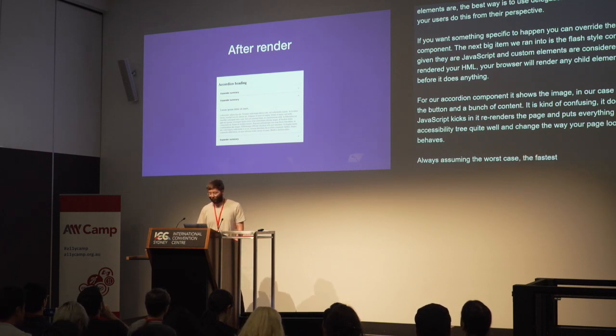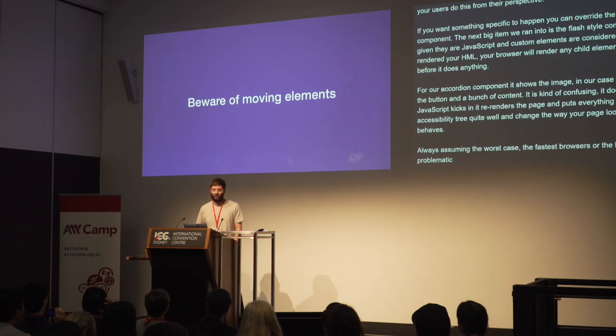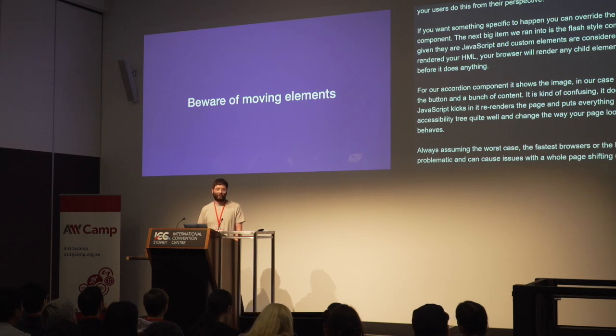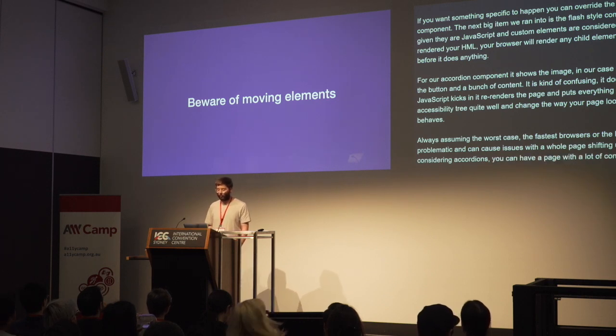This can be quite problematic. And this can really cause issues with your whole page shifting up and down, especially considering accordions are generally on an FAQ page that have a lot of content. You can look at a very long page, and then all of a sudden it can condense and completely change the way it looks.